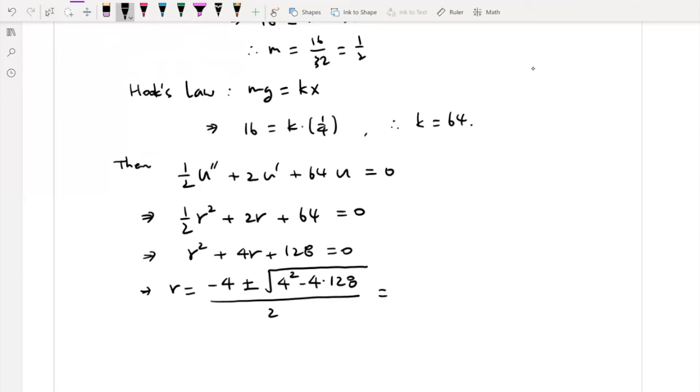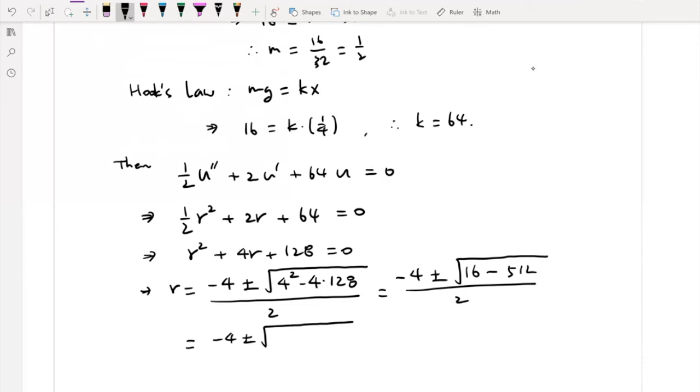It is equal to -4 plus or minus square root of 16 minus 512, over 2, which is equal to -4 plus or minus square root of minus 496, over 2. Then we can take some common factor out: 4 square root of 31 i, because that is a negative value.